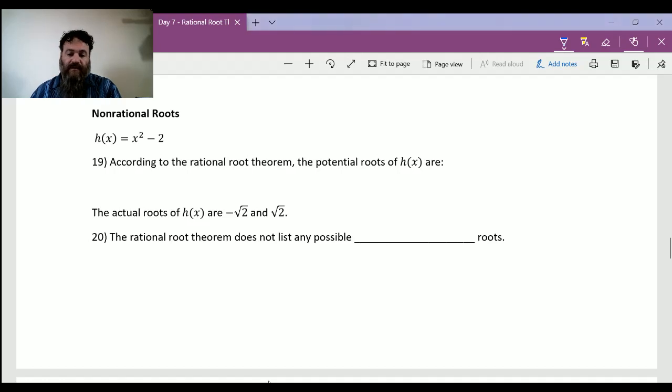Non-rational roots. Synthetic division is only going to work if the roots are rational. The rational root theorem only works for, well, it's part of the name, rational roots.